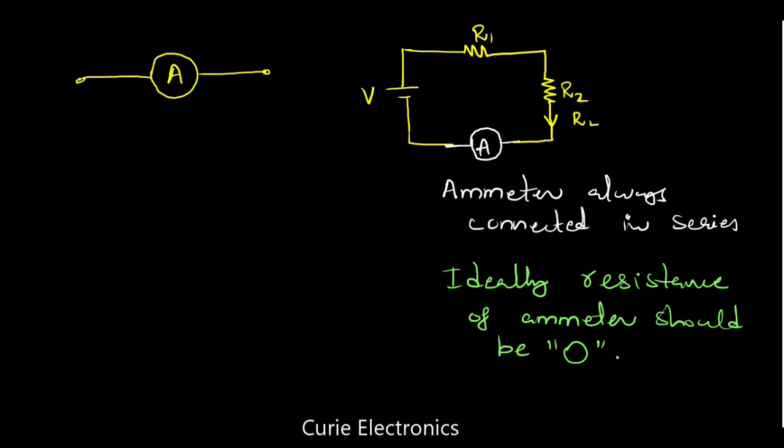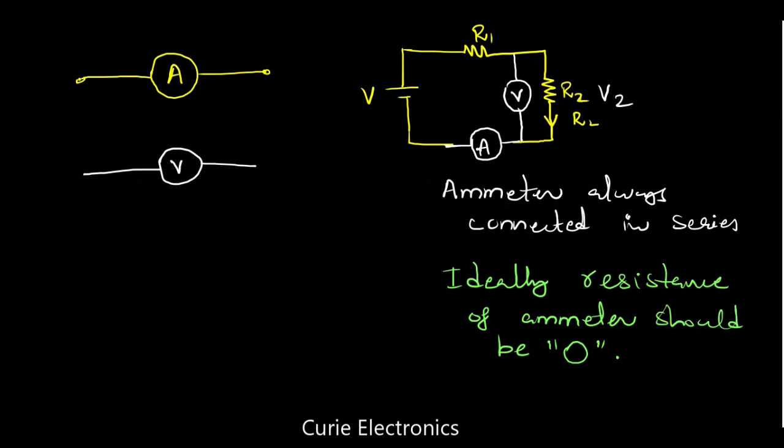Now what about a voltmeter? We can draw it as a voltmeter. Now how do we connect a voltmeter? It is a similar circuit. If you want to measure the voltage across R2, let the voltage across R2 be V2. If you want to measure this voltage, we will connect this voltmeter in parallel.